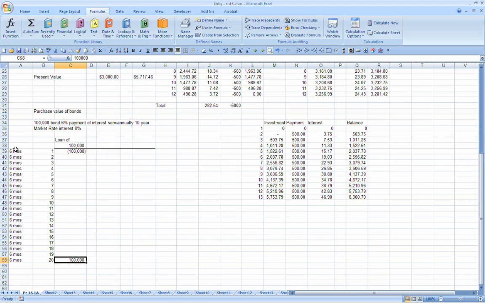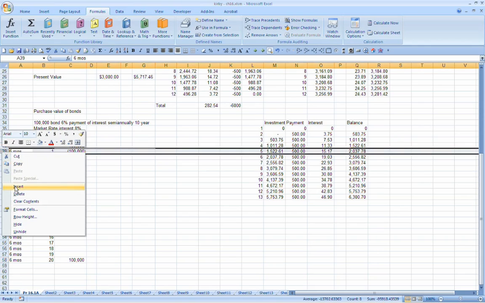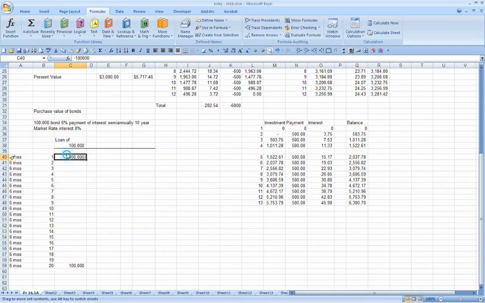What you are going to get, and to do this right, I really need to show you that the cash going out would be in period 0. This is out today. This is paid to me at the end of the first 6 months. So at the end of the first 6 months, I'm going to get interest payment. I get nothing at the first one. How much interest am I going to get? Right, I lent somebody $100,000.